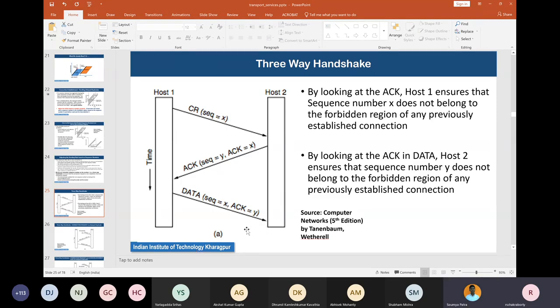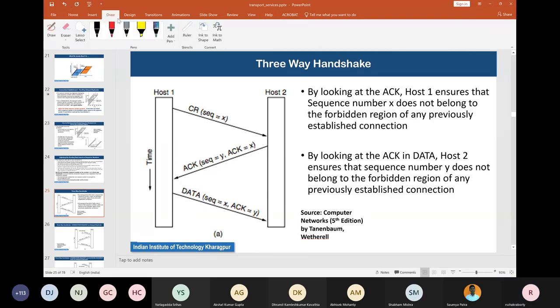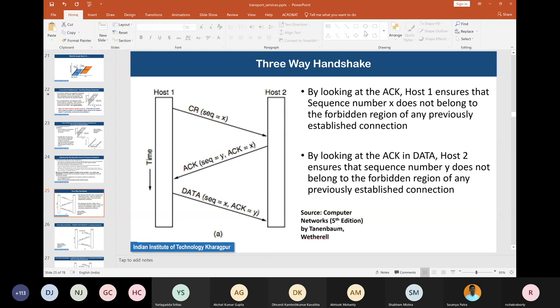When something happens in this direction, from right to left, now it sends its own data packet. There, its starting sequence number will not be y plus 1, it will be y. It has not yet sent y.